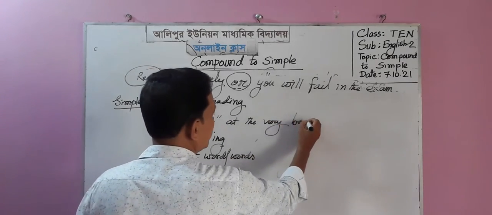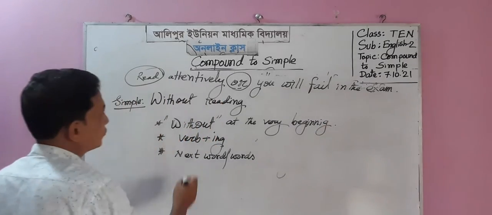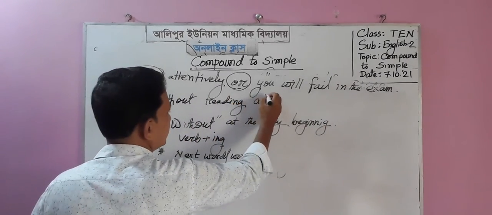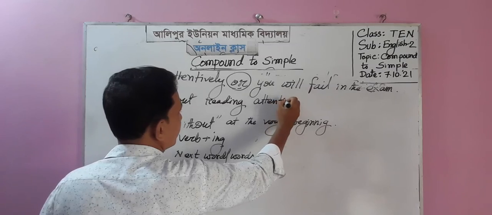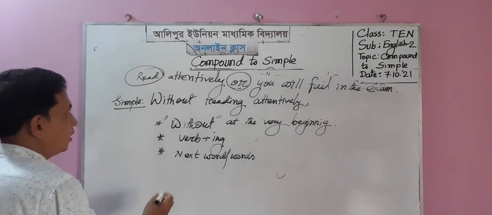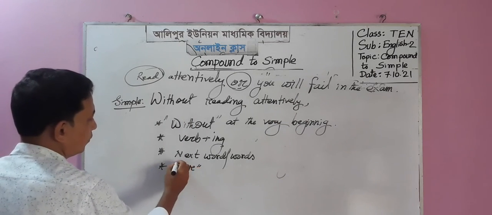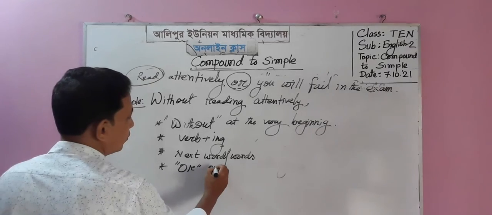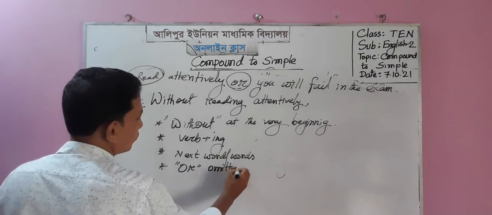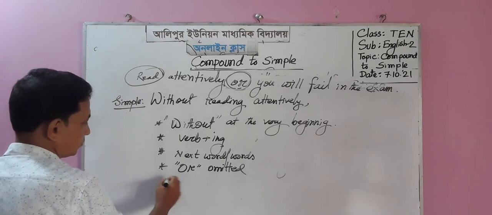The next word is attentively. We may write attentively here. Attentively. Then we may write a comma, and "or" will be omitted. "Or" is omitted here. And then the next clause.